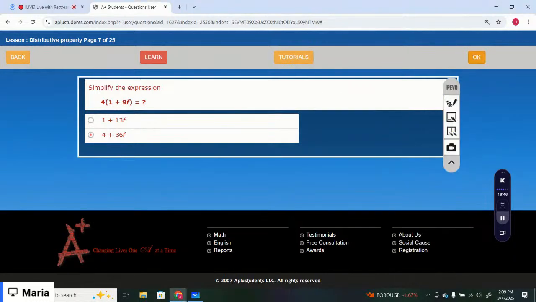Option number 2 is the correct option. 10z plus 1 times 6.